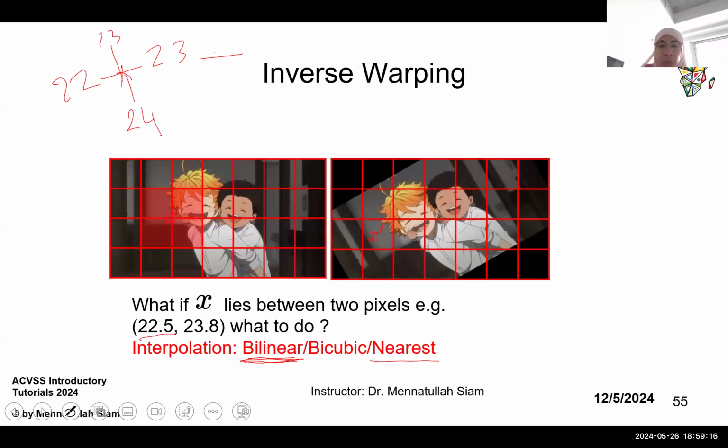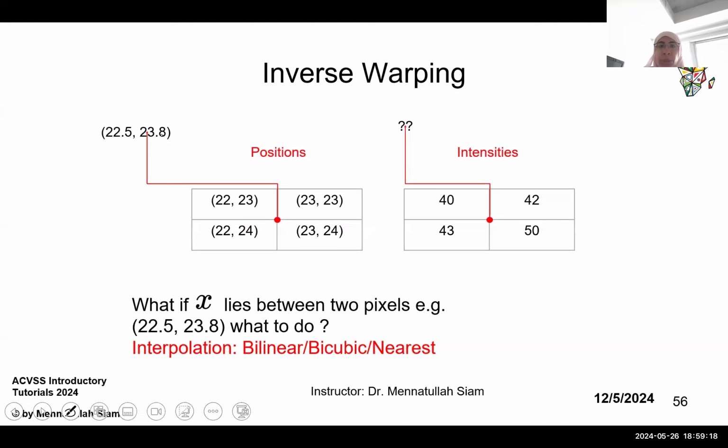So we're going to see how to do the interpolation simply. We have 22 to 23 on the x and 23 to 24 on the y. These four neighboring pixels are what I will use to compute the location 22.5, 23.8, and I have the corresponding intensities of these four pixels.